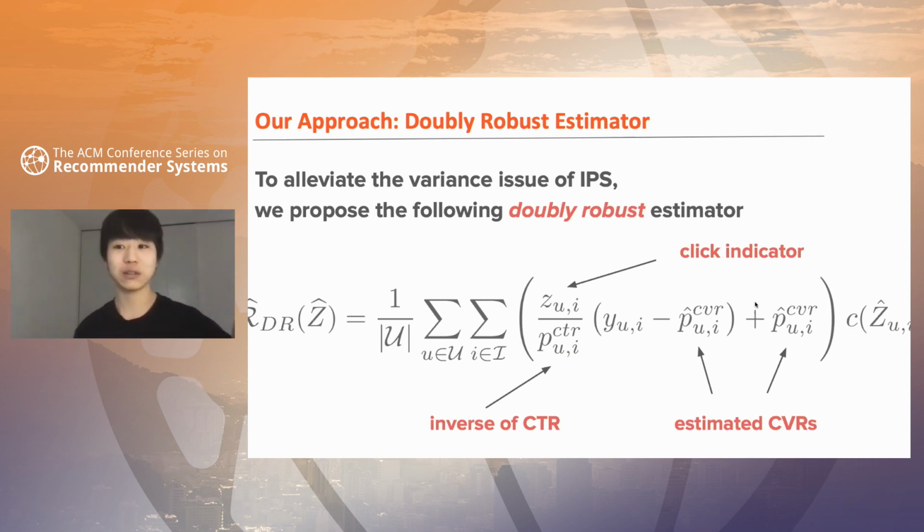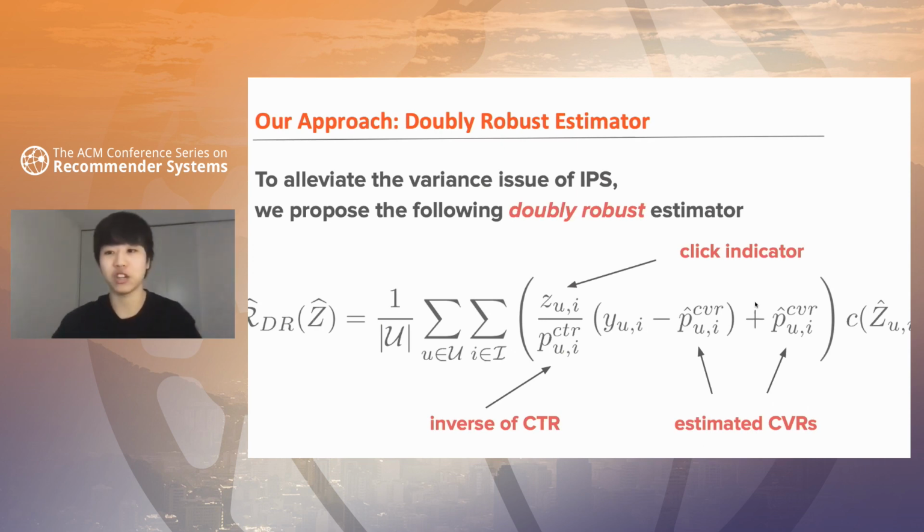It uses the estimated CVR, p-hat CVR, to impute the missing conversion information for user-item pairs without a click. The IPS estimator does not use any information of the missing conversion, for example, user-item pairs without a click. But the doubly robust estimator uses the estimated CVR to impute the information of the missing data.